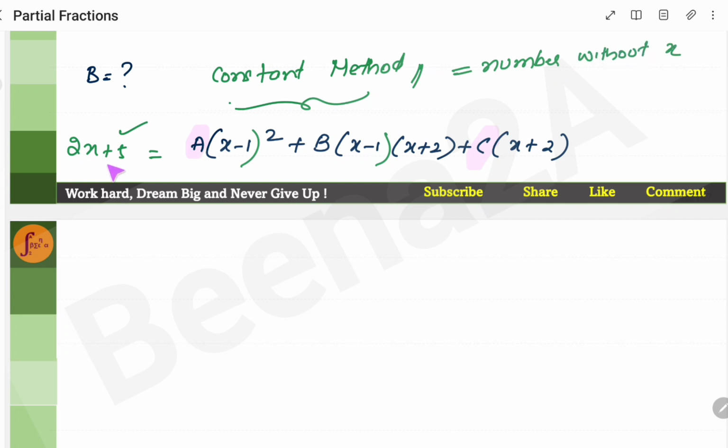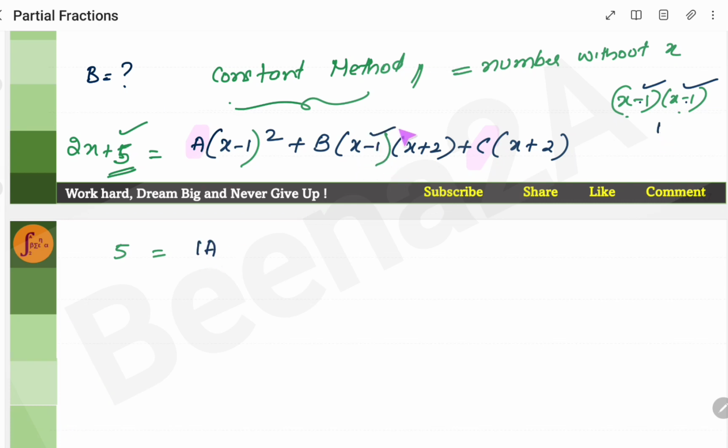So now what do you have here? This is the only number, the number without x. So we have 5 here. And here when I multiply x minus 1 into x minus 1, this is a repeated factor, so I can write x minus 1 the whole square as x minus 1 into x minus 1. Now you just take the numbers, minus 1 and minus 1. You multiply. What is minus 1 times minus 1? It is plus 1. So it will be 1a.